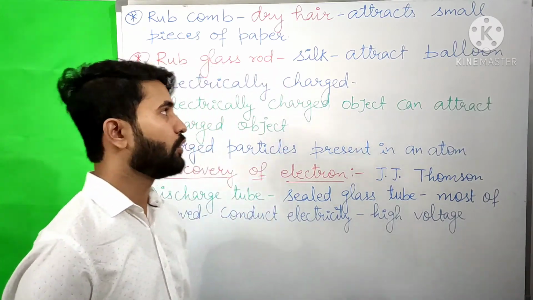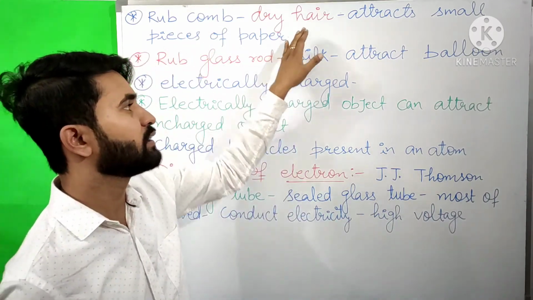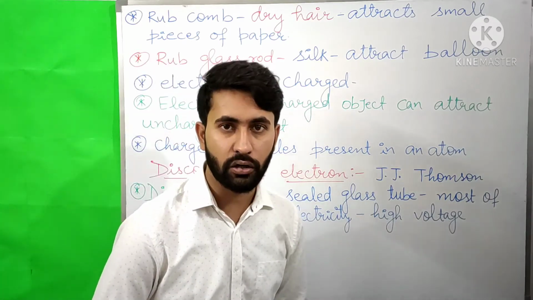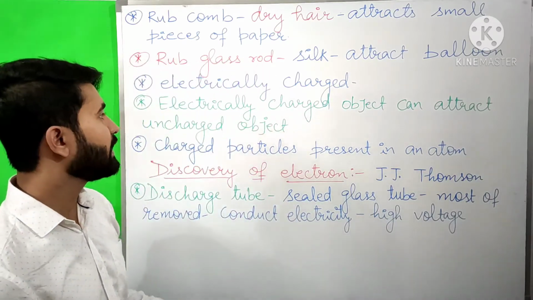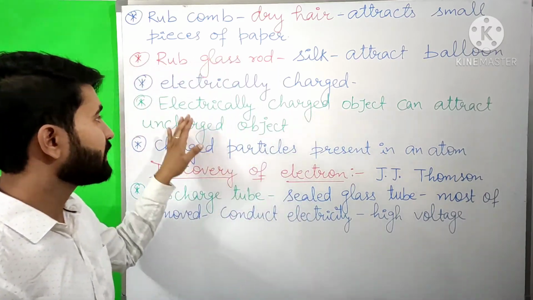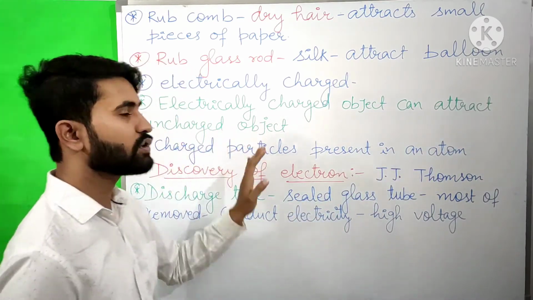This happens because when the comb is rubbed on dry hair or the glass rod is rubbed with the silk cloth, they get electrically charged, and we know that an electrically charged object can attract an uncharged object.